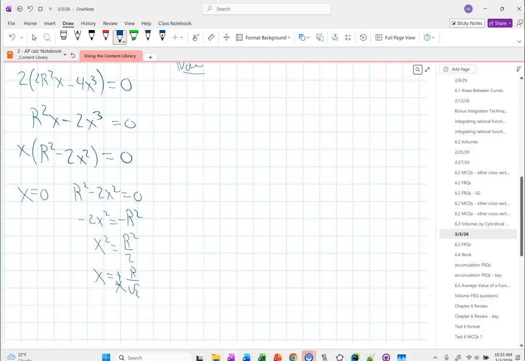So now I can either do a first or second derivative test to check this, to figure out which one is the maximum, which one is the minimum.